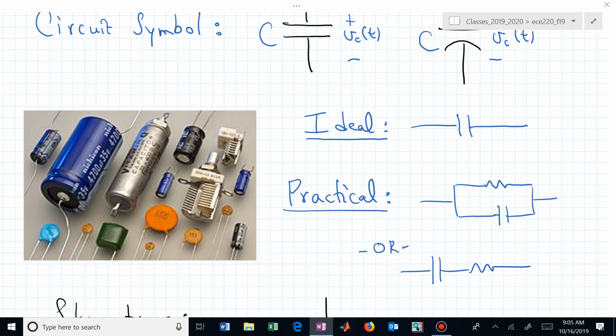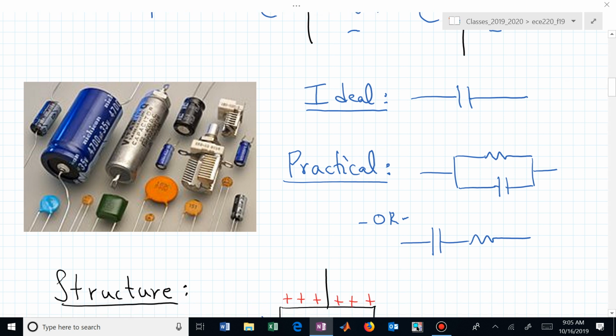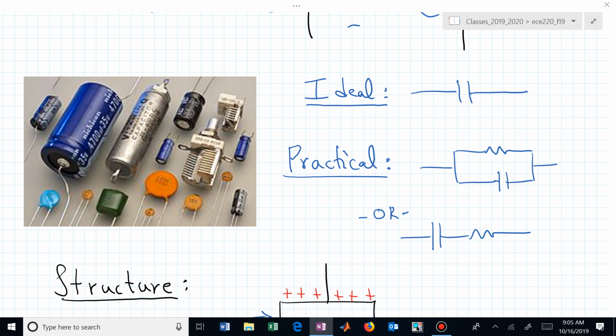But in reality, you could model that resistive behavior of your capacitor either in parallel or series, depending on how you want to represent the dissipative nature of your capacitor in practice.